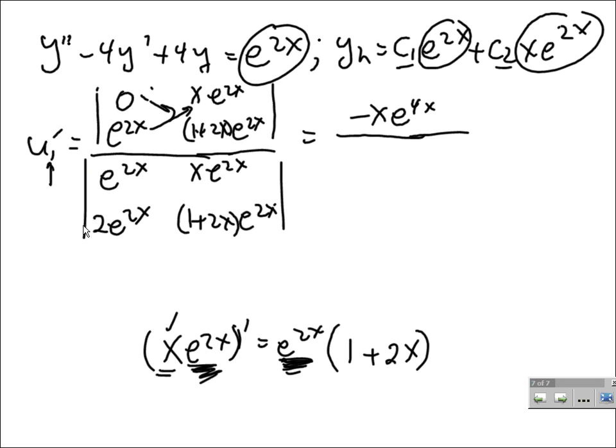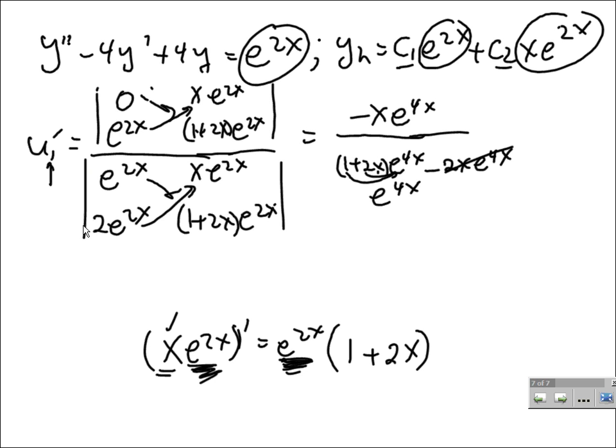In the bottom, you're going to multiply this. You're going to get 1 plus 2x e to the 4x minus 2x e to the 4x. You're going to have 1 times e to the 4x, which will be e to the 4x, and then you're going to have 2x e to the 4x, and that's what you're going to take away.